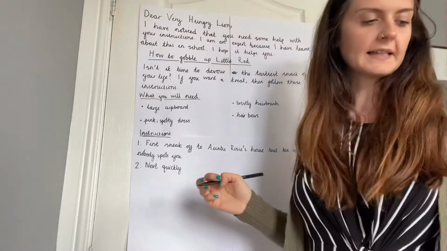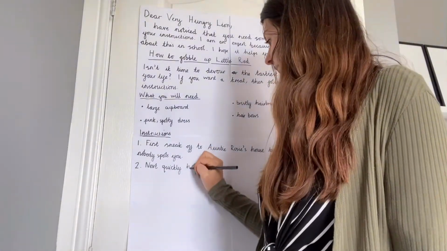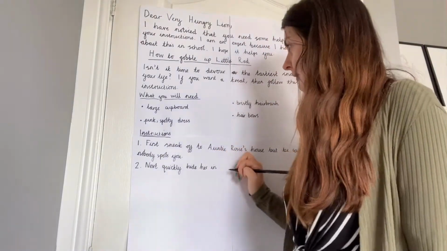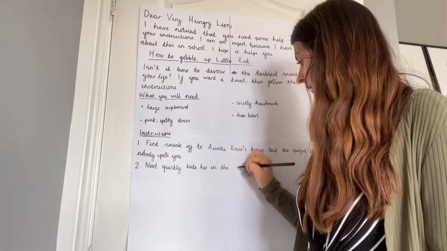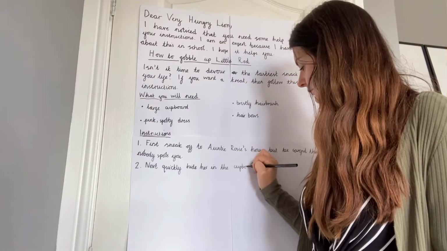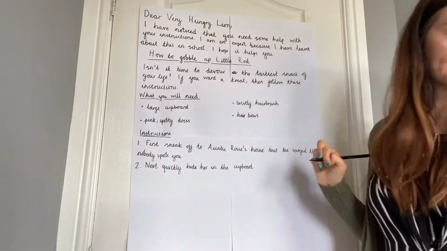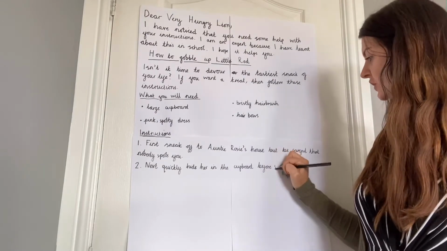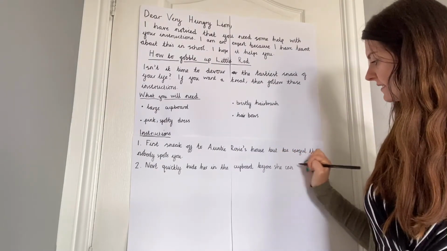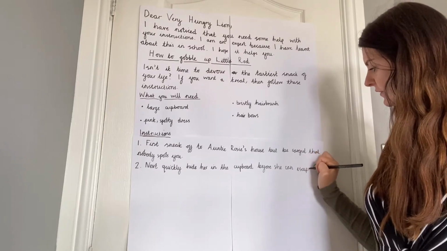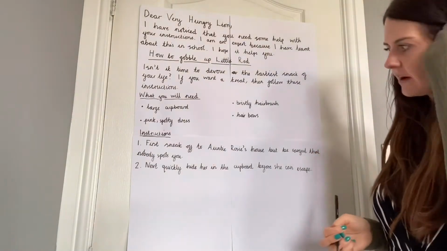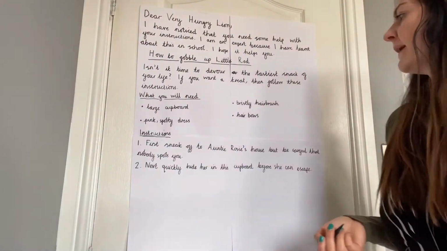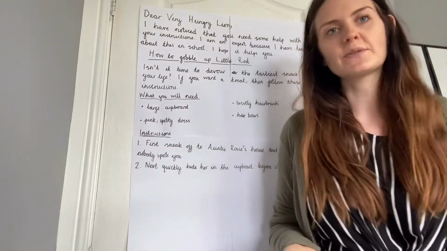So next, quickly, hide her in the cupboard before, that's a good conjunction to use, the word before she can escape. So you'll notice that my sentences that I've used are fairly similar to the ones that the lion did for his outline of his instructions, but I'm extending them and I'm adding more details. That's what I'd like you to do as well.